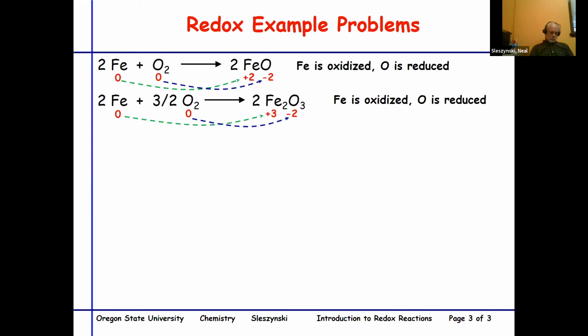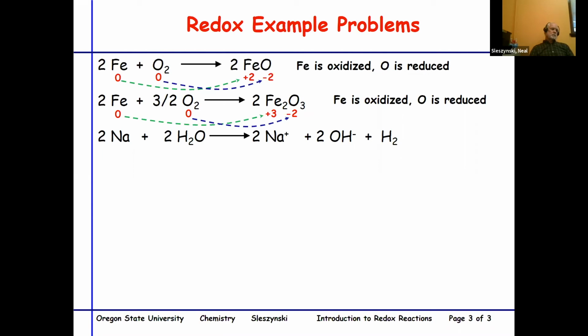We have 2 irons, each giving up 3 electrons, for a grand total of 6 electrons being given up during the oxidation. We have 3 oxygens each gaining 2 electrons for a -6 in our reduction, plus 6 equals -6 for the number of electrons transferred, so the equation is balanced.